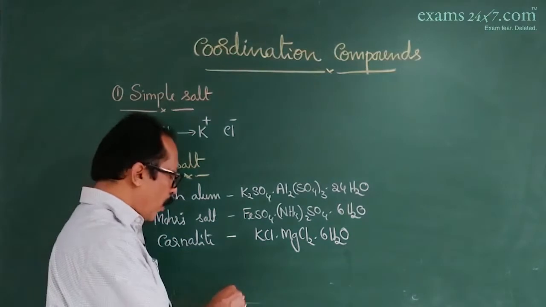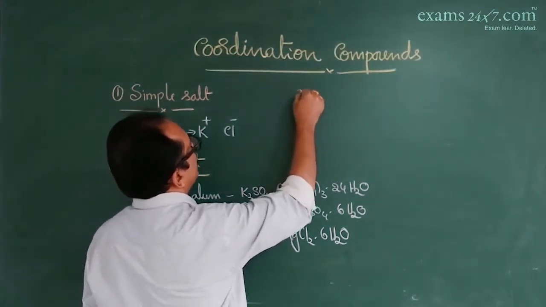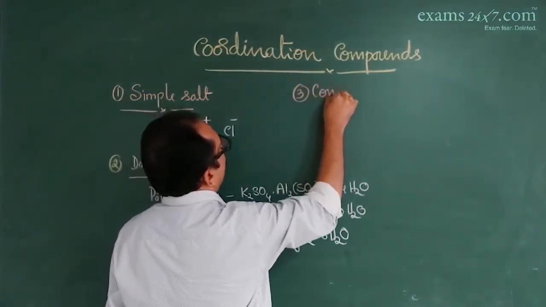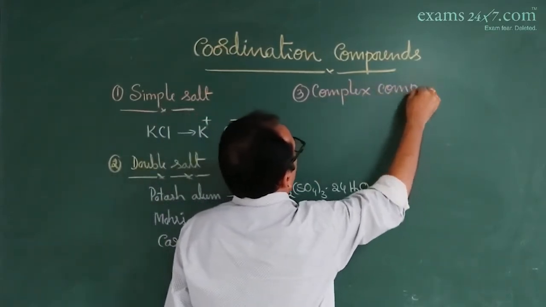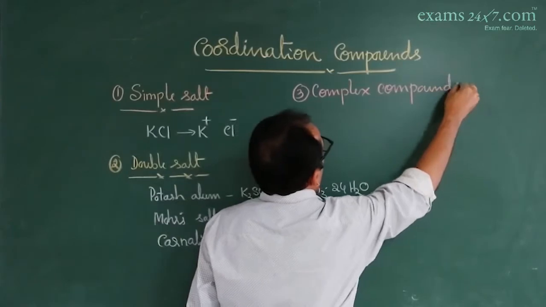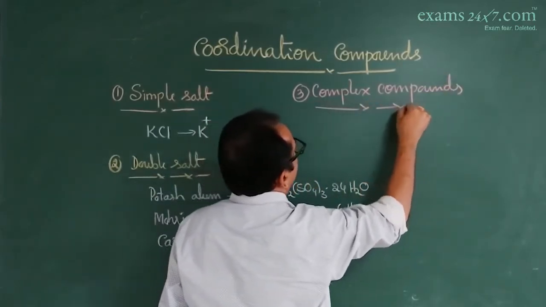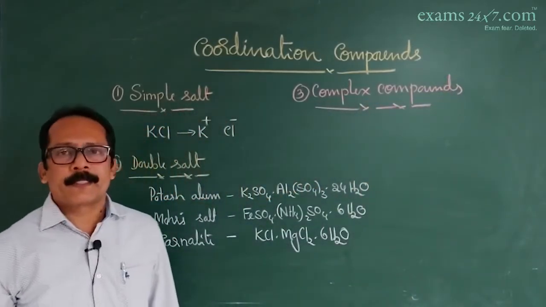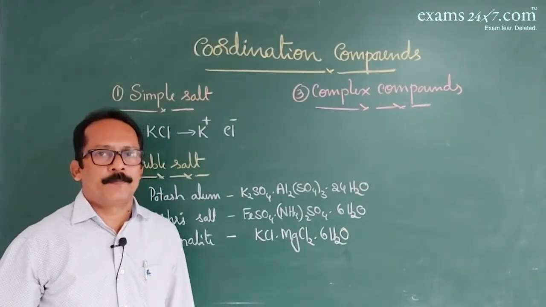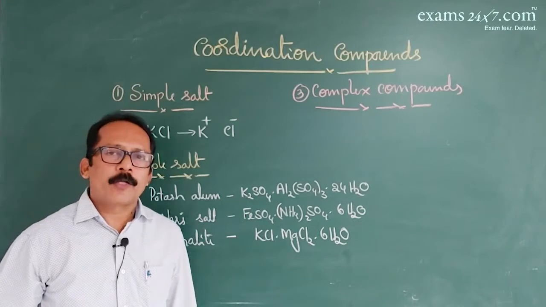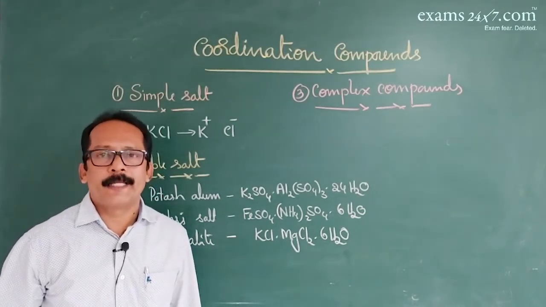Next about complex compounds or coordination compounds. These are the compounds in which a central metal atom or metal ion is bonded with a definite number of anions or neutral molecules called ligands.